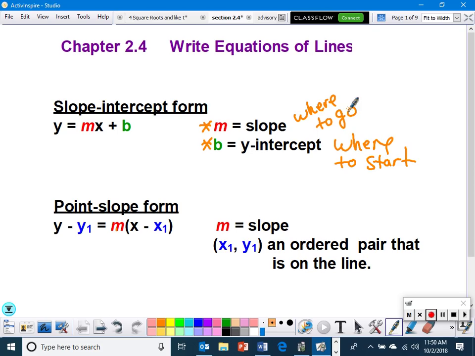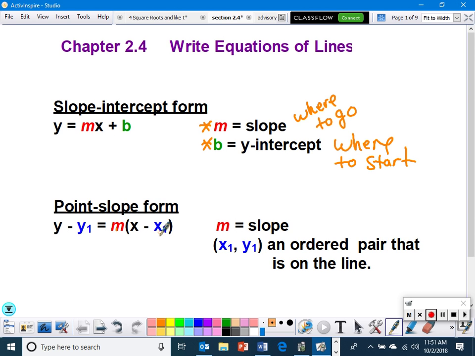We've got y minus y1. y1 is coming from the ordered pair, equals the slope times x minus x1, which is coming from the ordered pair. All right? Now, you are going to have a mastery quiz, I believe mastery quiz number 4 on point-slope form.